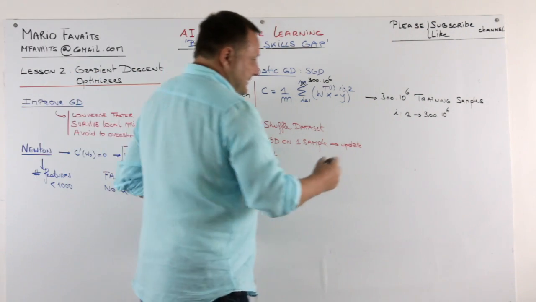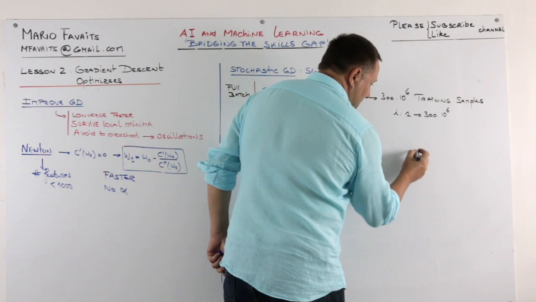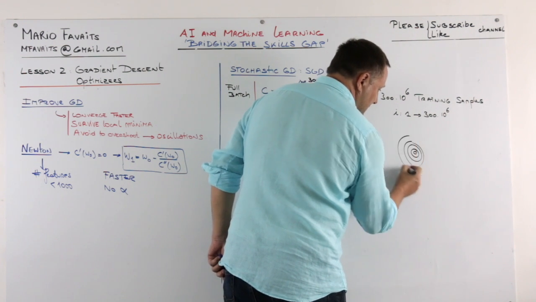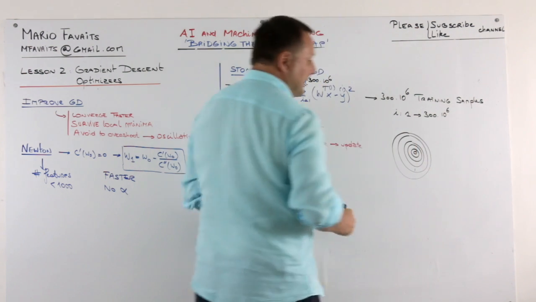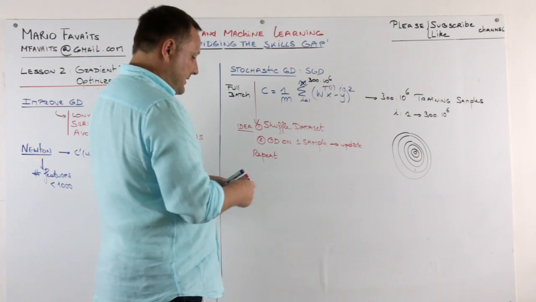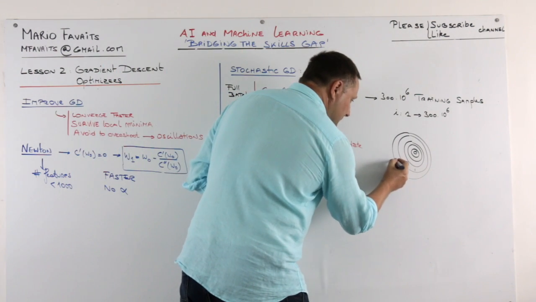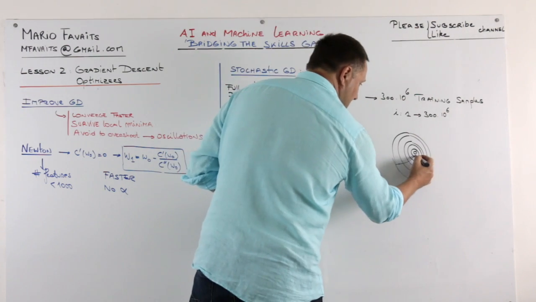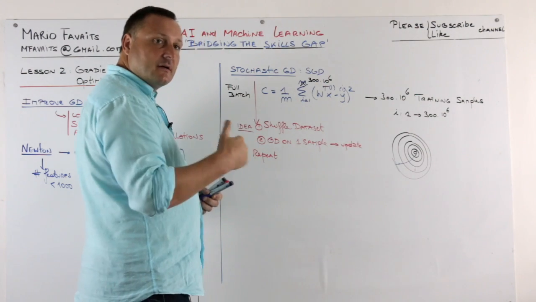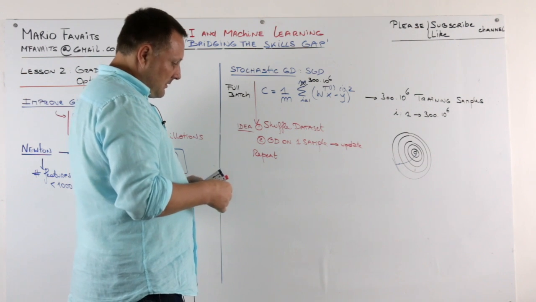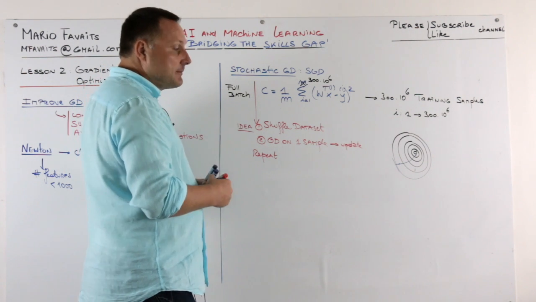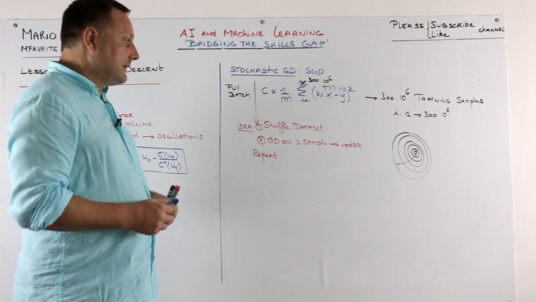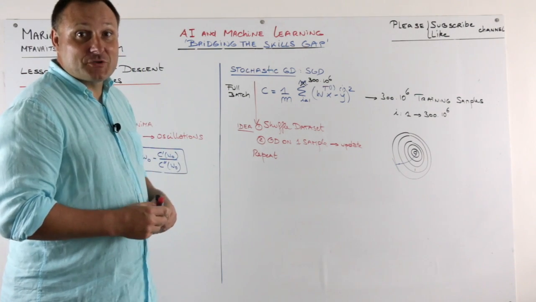Remember the contour plots. The contour plots look like this a little bit. And remember with gradient descent, we started here, and we then converged to that minimum, in quite a smooth way. Well, with stochastic gradient descent, you're gonna be a bit all over the place, because you're gonna update only one sample at a time.